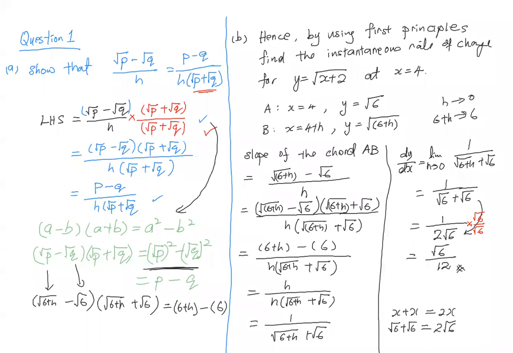If the question asks you, what is the meaning of the slope of the chord AB? Can you answer me? Can someone try to answer this question?